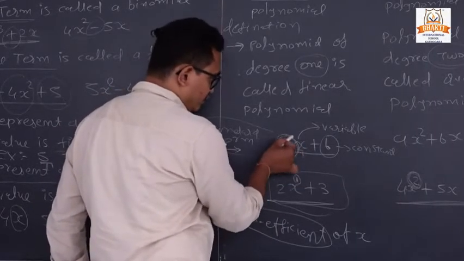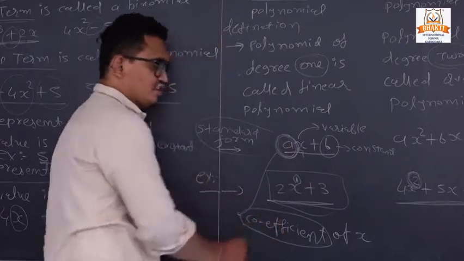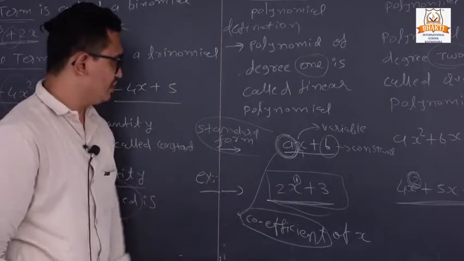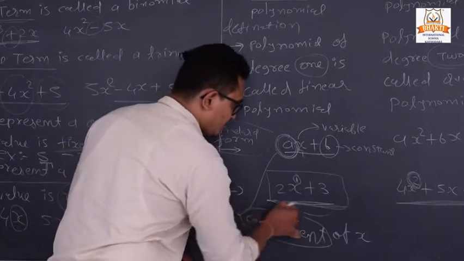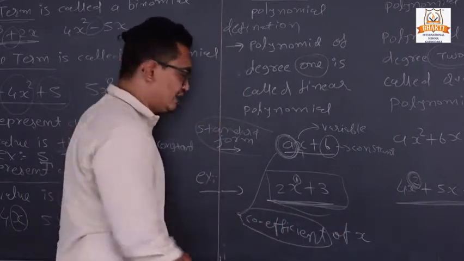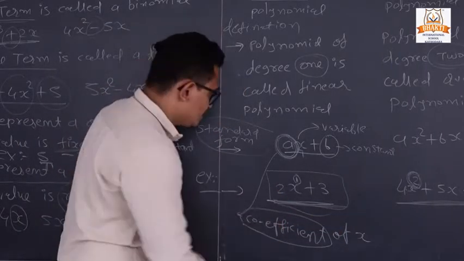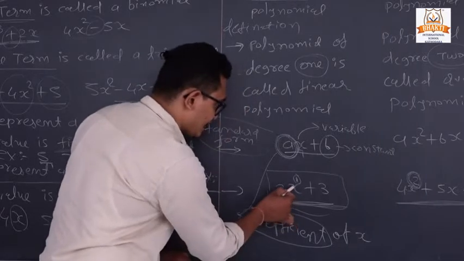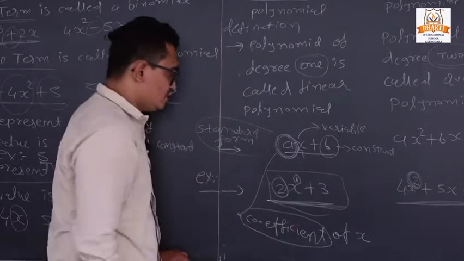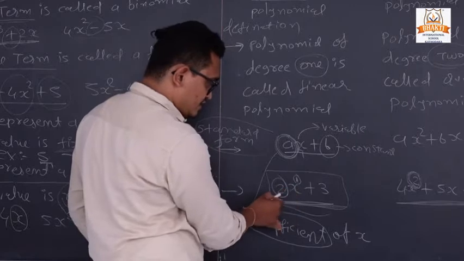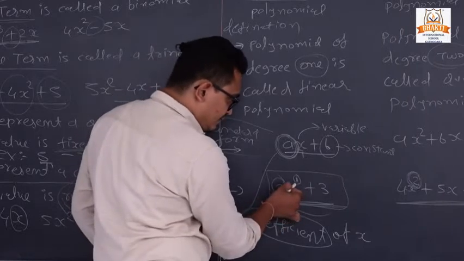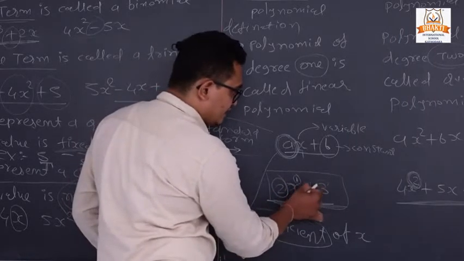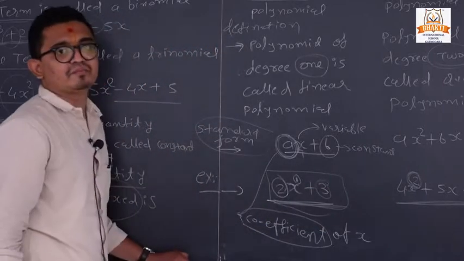See here, before the term, so it is called its coefficient. In that example, that is our linear polynomial. What is the coefficient of x? It is 2, so 2 is the coefficient of x. Then x is a variable, and 3 is a constant term.